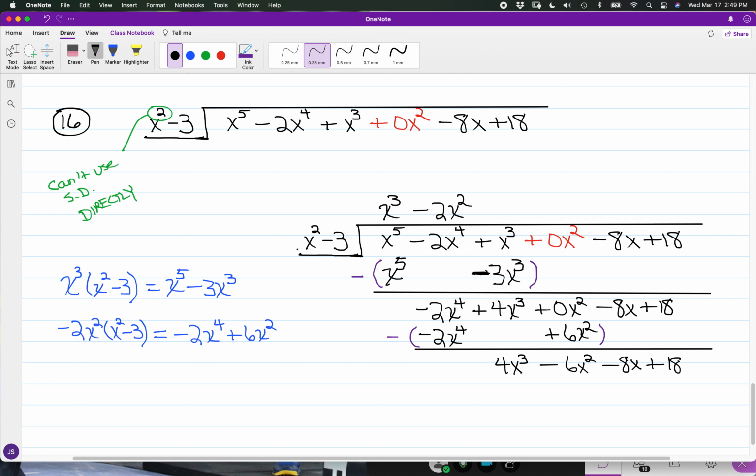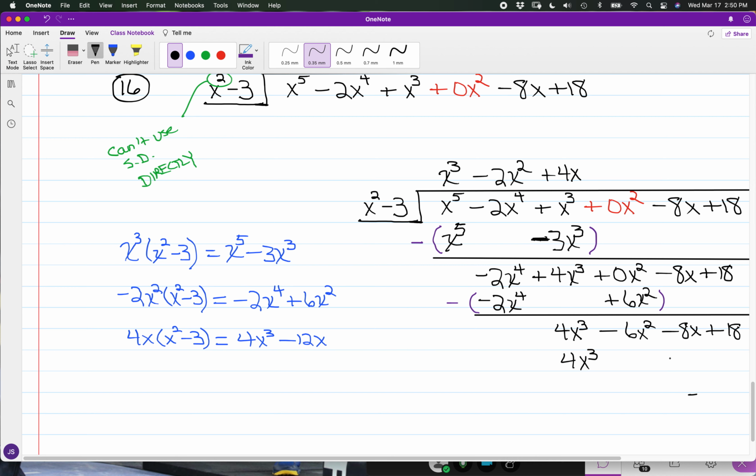Then we have x squared into 4x cubed, which is going to be 4x. Distributing, we have 4x cubed minus 12x. This can be placed under negative 8x.